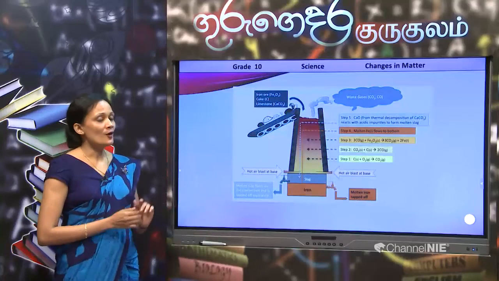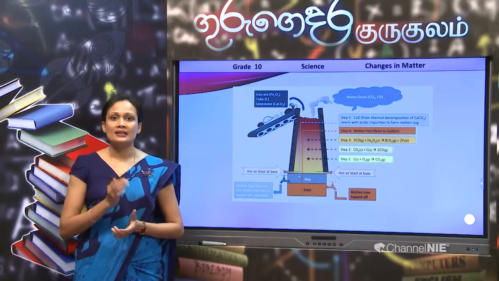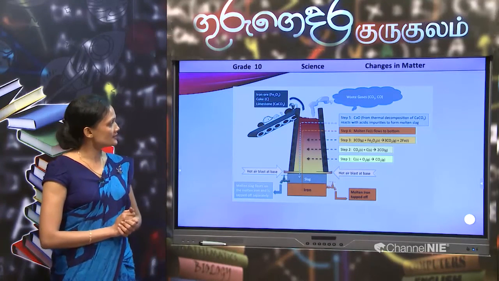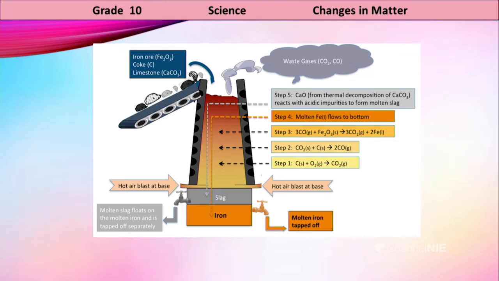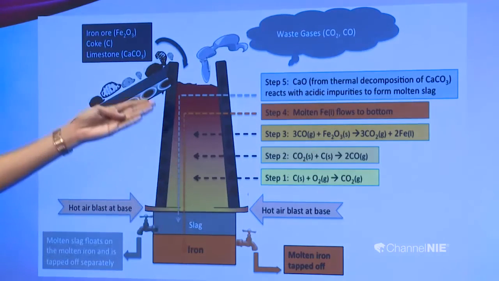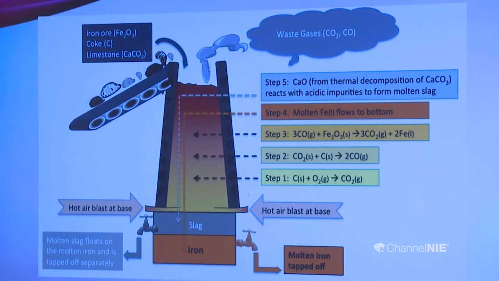Okay, now I am going to summarize the extraction of iron using the blast furnace. Look at this picture. Here at the top of the blast furnace, we insert the raw materials: iron ore, coke and limestone. And at the bottom, we insert the hot air.